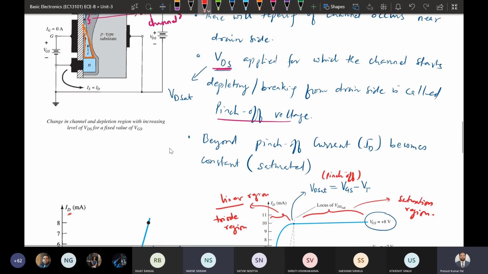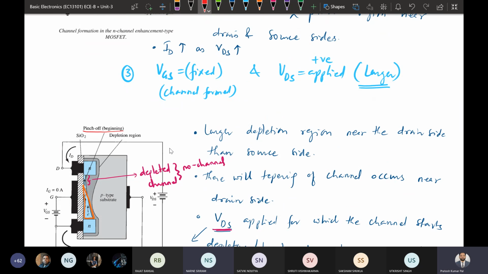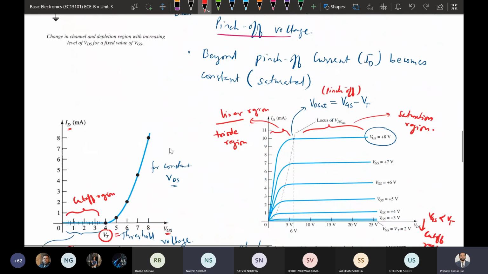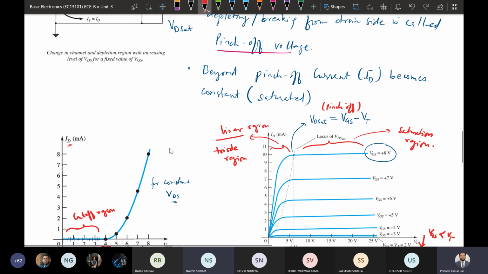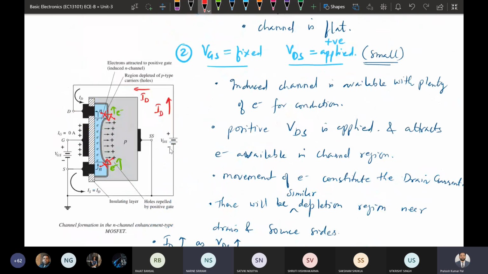So this is the basic operation of normal N channel enhancement type MOSFET. The similar analysis we can do for the P channel MOSFET also, but the only difference is that instead of using positive gate to source voltage, we need to apply a negative gate to source voltage.